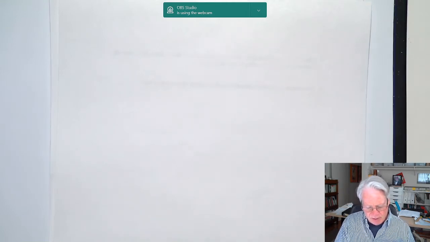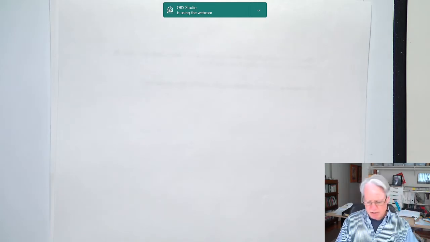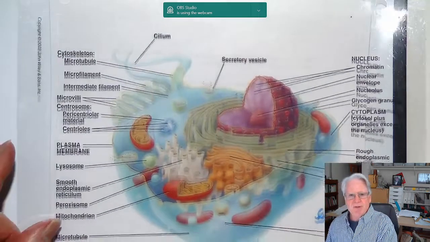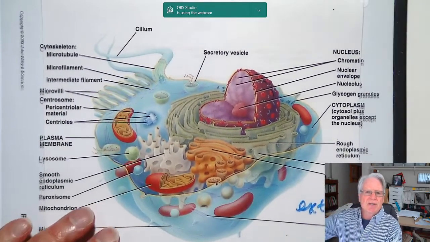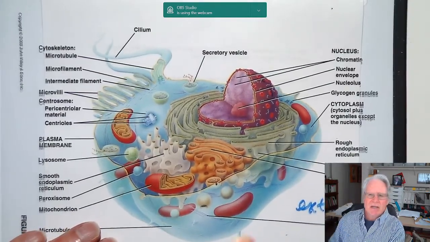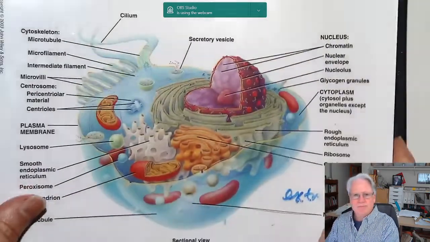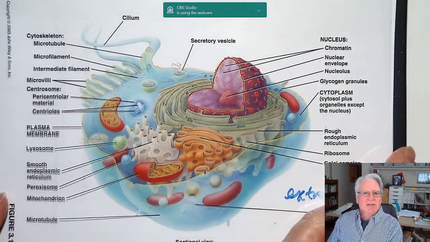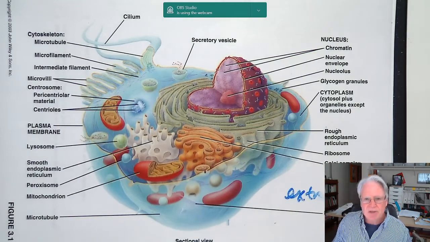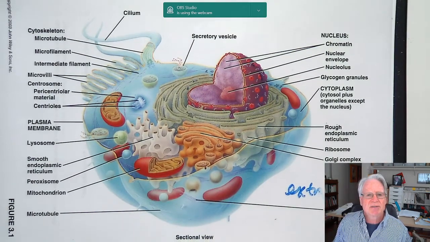And let's talk about a cell. So let me bring this up. This is one of the first pictures that are presented to you in this chapter. Your book refers to this as a typical cell. What does that mean?